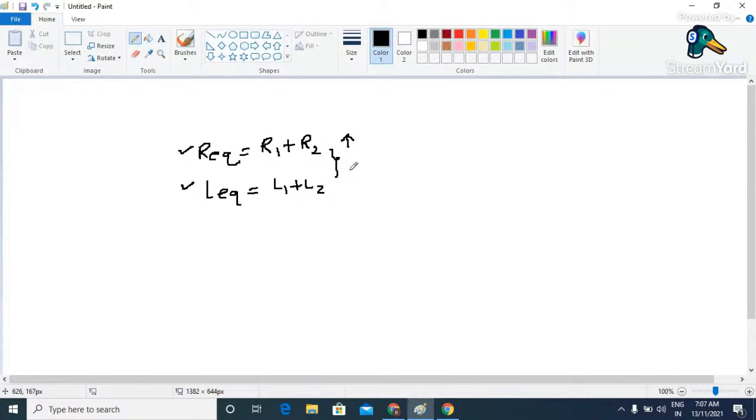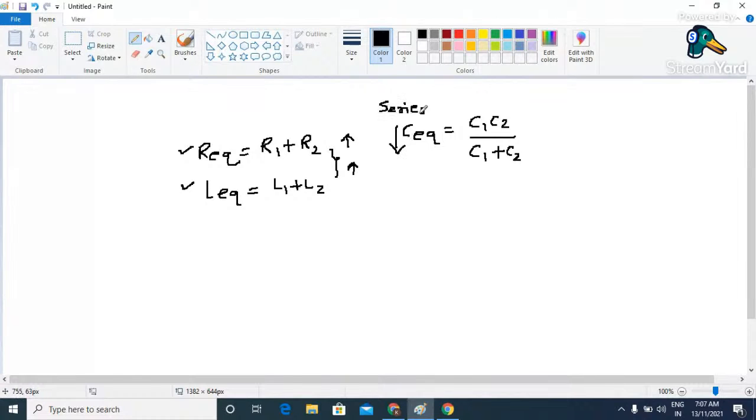But this is not the case for capacitors. If we have two or more capacitors connected in series configuration, the equivalent capacitance is going to be C1 into C2 whole divided by C1 plus C2. That means the effective capacitance is going to be reduced when they are connected in series configuration.